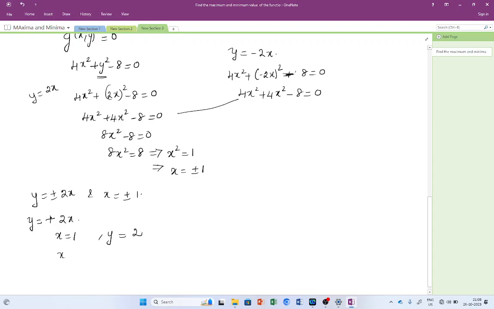And when x = −1, because x is taking the values +1 and −1, if I substitute −1 for x, y will take the value −2.